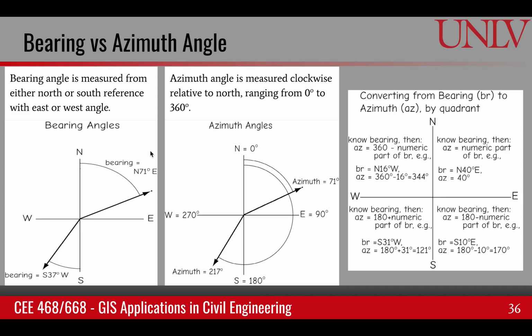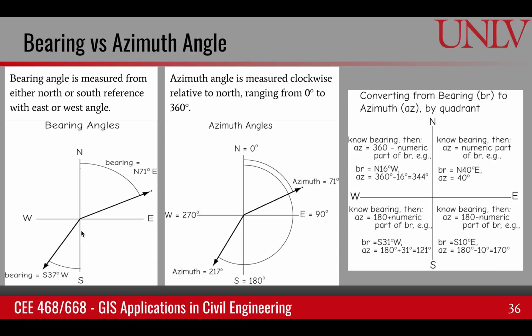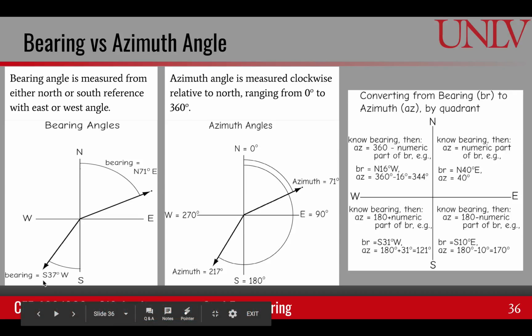So here is a comparison of bearing versus azimuth angle. The bearing angle is measured from either north or south as reference, with angles towards east or west. So a bearing could be N 71 degrees E, which means it is with reference to north direction, and 71 degrees towards east direction. Or another example, a bearing of S 37 degrees W means the reference is south, and then we go 37 degrees towards the west.